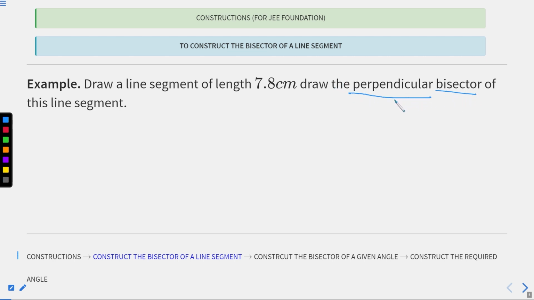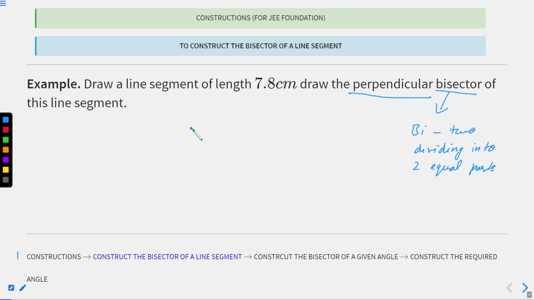Let's first understand the terminologies used here. Bisector: "bi" means two, and bisector means dividing into two equal parts.